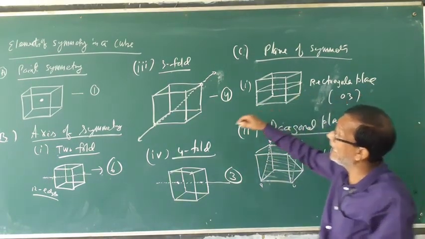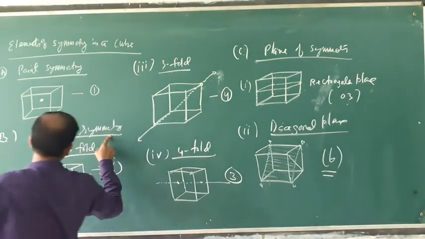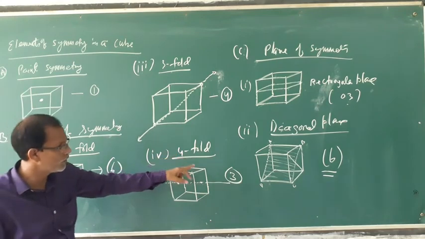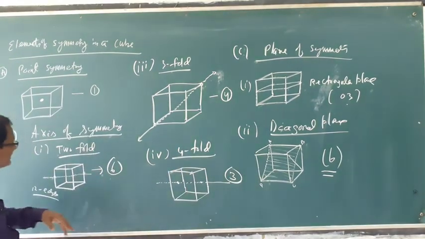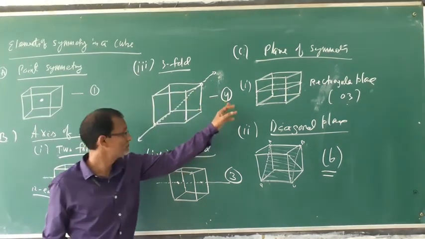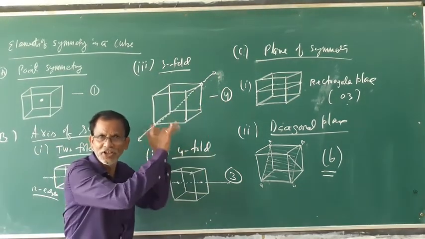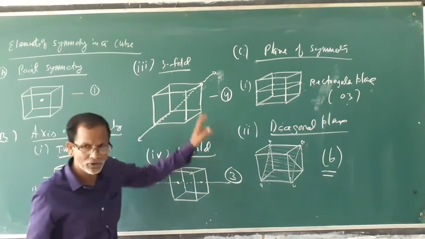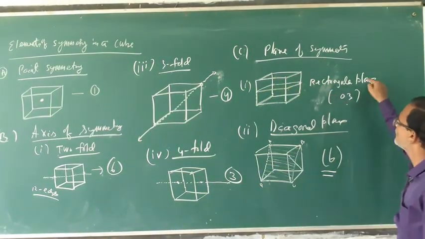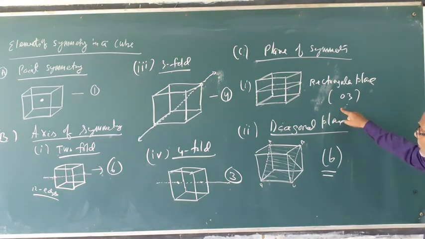And axis of symmetry, 2-fold 6, 3-fold 4, 4-fold 3, just decreasing: 6, 4, 3. And plane of symmetry, rectangular only 3, but diagonal will be more.